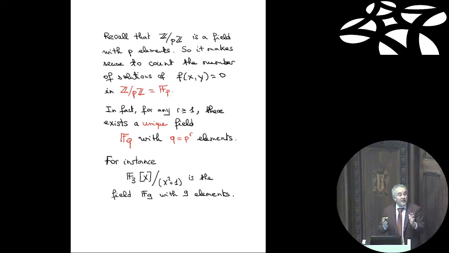So originally, the equation had integer coefficients, but you look at the classes of these coefficients modulo p, and you get elements in this field F_p, and you look at the solutions. But you could work more naively, just in terms of congruences: I want to count the congruence classes, mod p, of integers x and y, satisfying f equals 0 mod p. It amounts to the same. So it's very concrete.